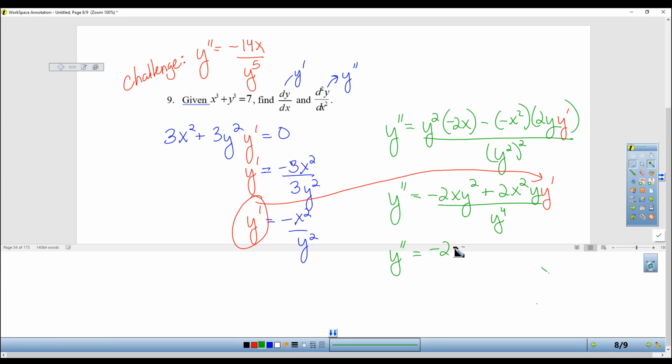So I get negative 2xy squared plus 2x squared y times, so what is that being replaced with? Negative x squared over y squared, all over y to the fourth.